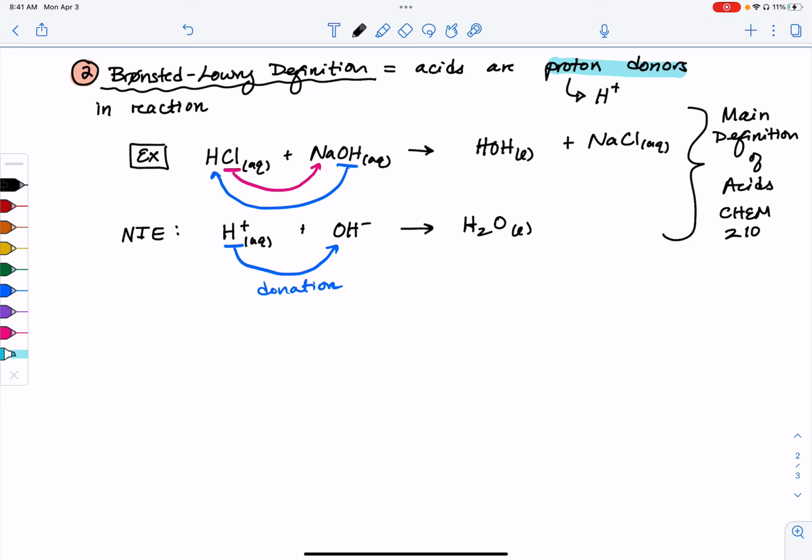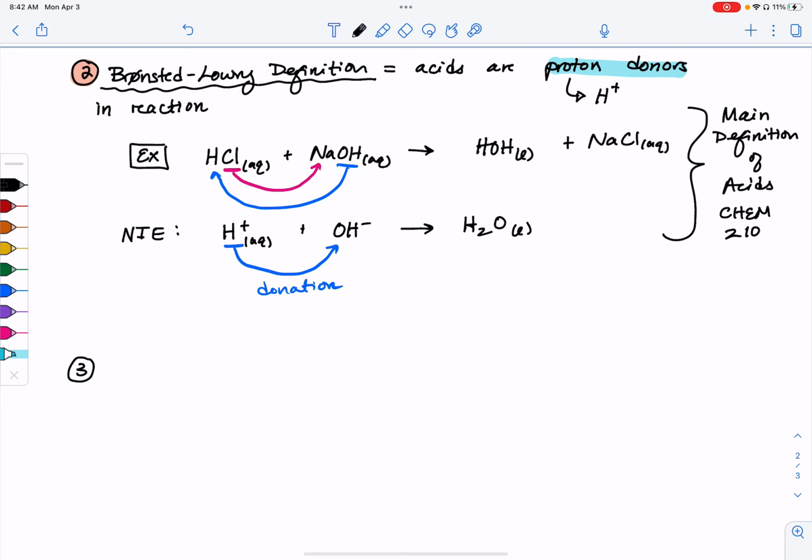So when we talk about what an acid does in reaction or what it does in solution, we're talking about things that donate an acidic proton or a hydrogen ion to something else in reaction. So that's a Bronsted-Lowry acid.